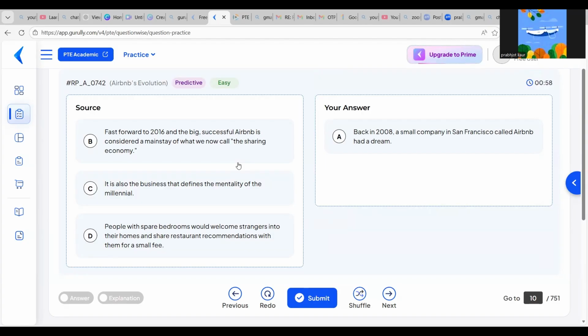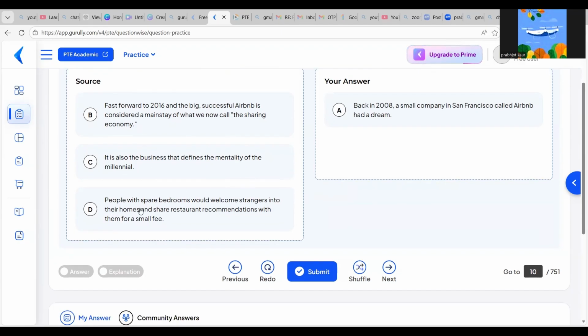Back in 2008, a small company in San Francisco called Airbnb had a dream. So what dream? We had to find the dream. I think this one: people with a spare bedroom would welcome strangers into their home and share restaurant recommendations with them for a small fee.